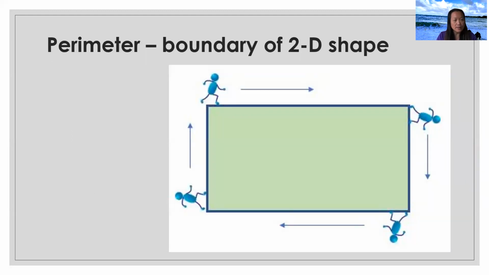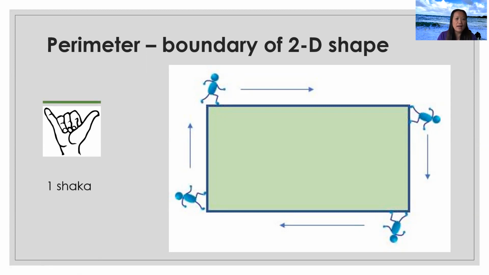Perimeter is defined as the boundary of a two-dimensional shape. Let's take a look at this rectangle, for example. Now let's define a unit before I measure that perimeter. Suppose my unit is that long, and I'm going to call that 1 shaka, 1 shaka long, okay?